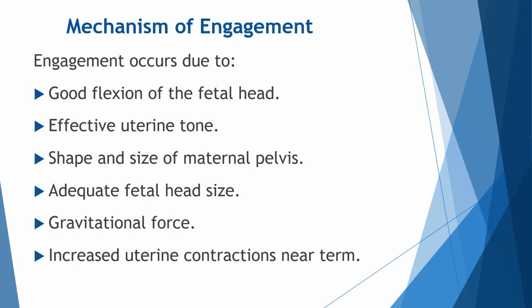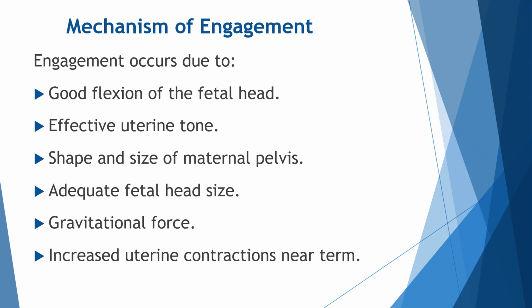Now, let's understand the mechanism of engagement. Engagement does not happen by chance. Several factors work together to help the baby's head enter the mother's pelvis. First, the baby's head should be well flexed, so the smallest diameter presents first. Good uterine tone and stronger contractions near the end of pregnancy help push the baby's head downward. The shape and size of the mother's pelvis should also be adequate to allow the head to pass.